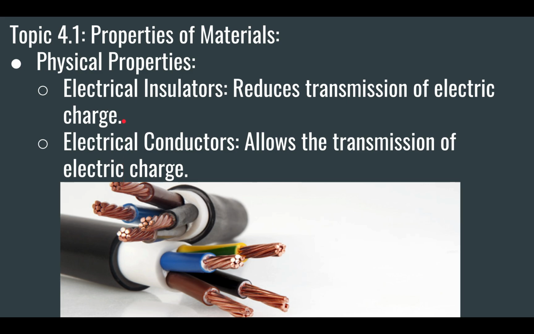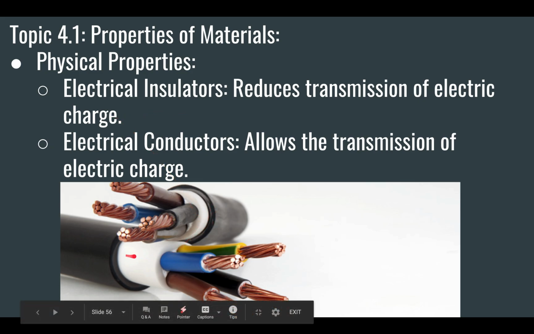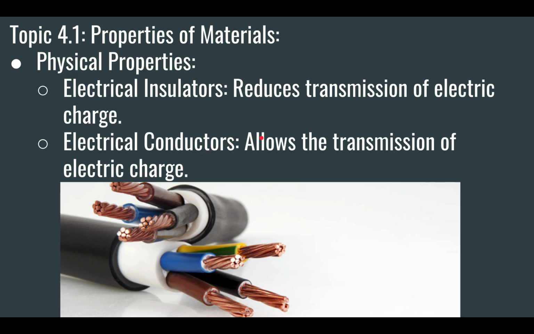So that brings us to insulators and conductors. An insulator reduces transmission of electrical charge, and this is insulation right here, this white and black stuff, and also the blue and white and the yellow and any of the plastic that's around these will reduce the transmission of an electrical charge. A conductor will allow the transmission of an electrical charge.